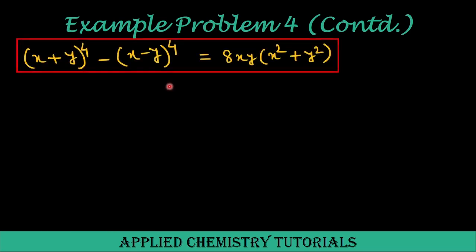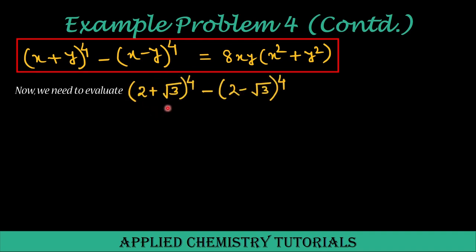Now we have already shown this in part 1 of this problem. Now move on to the second part. So we need to evaluate (2 + root 3)^4 - (2 - root 3)^4, which is similar to that expression here. And if we put x equals 2 and y equals root 3, we can easily get the value of this.